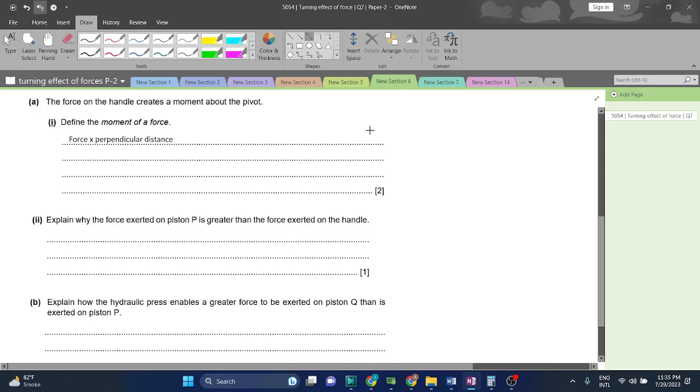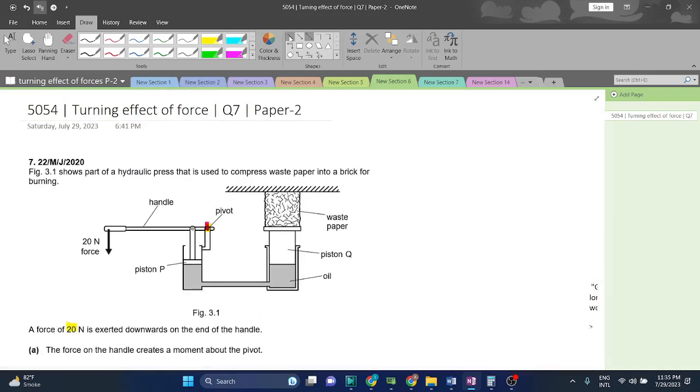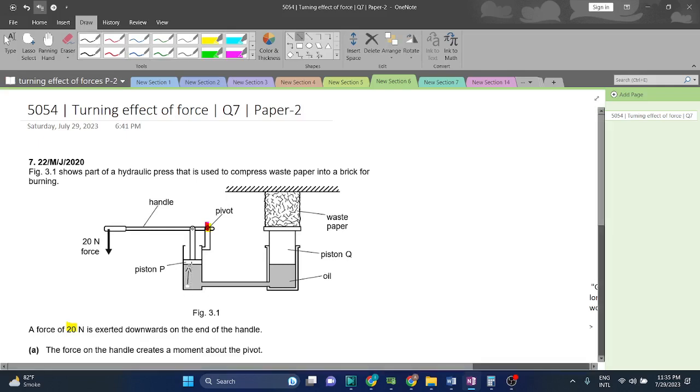Explain why the force exerted on piston P is greater than the force exerted on the handle. He is saying the force exerted on piston P, which is the force from the water.